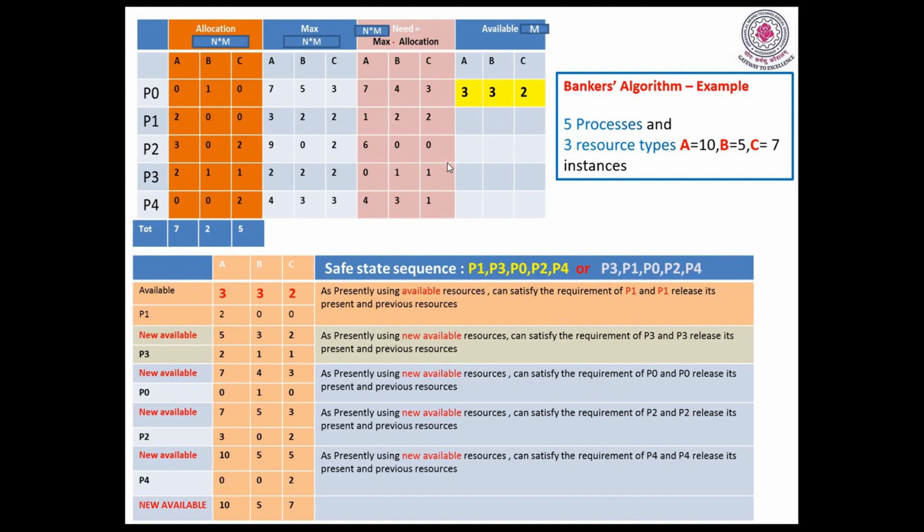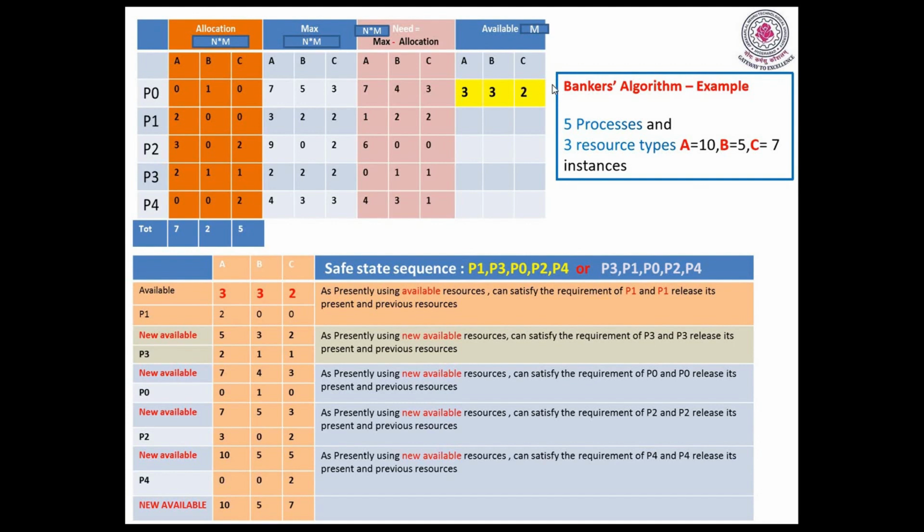So like this, calculate the need for all the processes. So this is the calculation of the need, and this is finding the freely available resources. Now we have clarity on how many resources are freely available and how many resources are still required for every process.